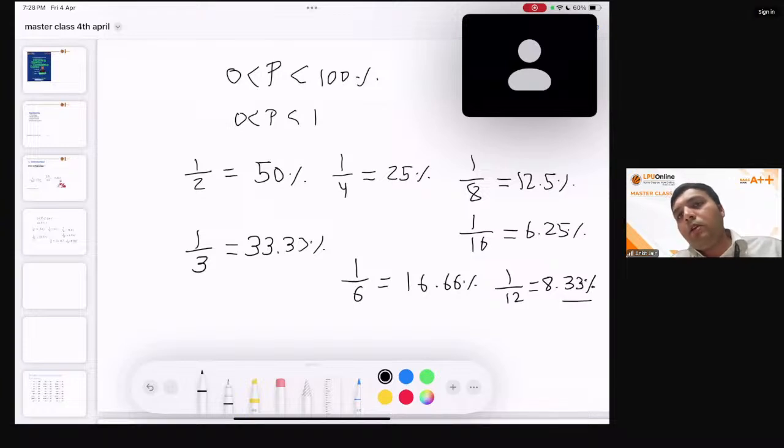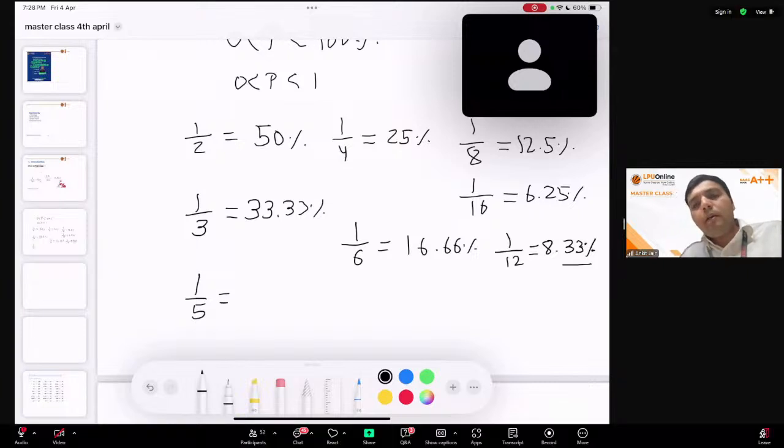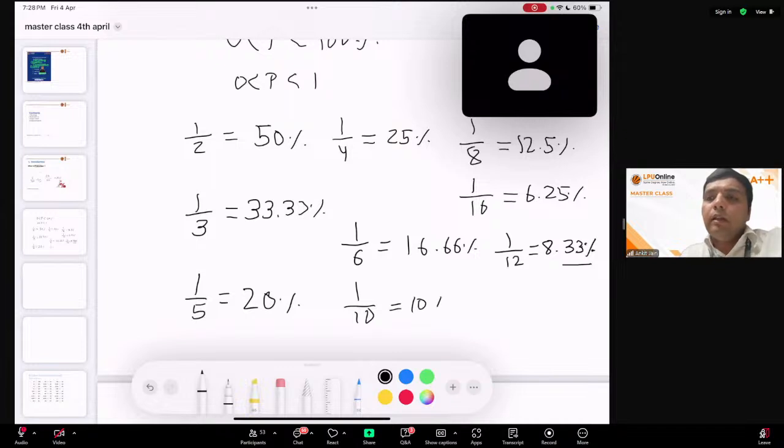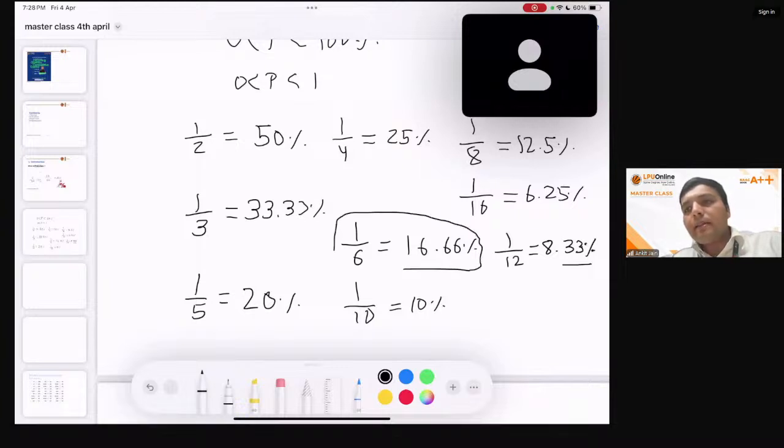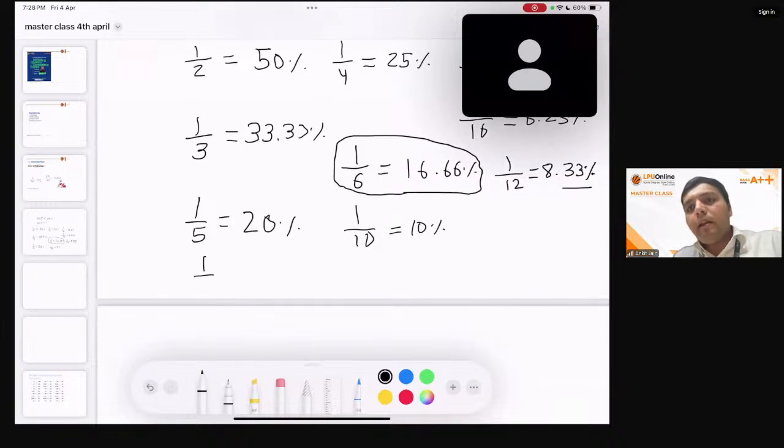So 1 by 2 done, 1 by 3 done, 1 by 4 is 25%. What is the value of 1 by 5 in percentage? Yes, 20%, right answer. If 1 by 5 is 20%, 1 by 10 is 10%. So 1 by 5 done, 1 by 6 done, 1 by 6 is 16.66%. What is the value of 1 by 7?